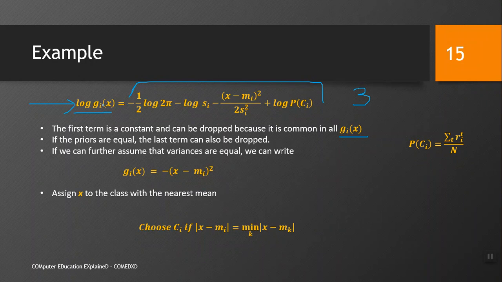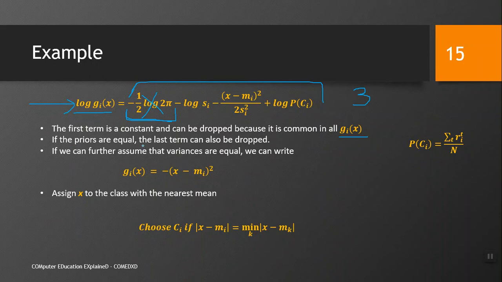If we are going to find this discriminant function for each of the 3 classes, this value would not change with the change of class. It is a constant. So, in every formula for class 1, class 2 and class 3, this would be included. So, we can just ignore it.